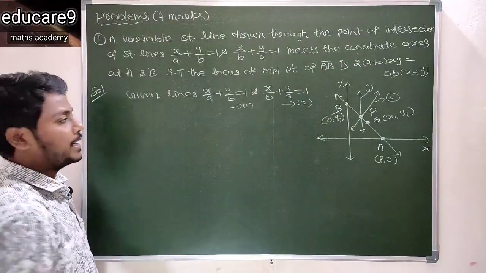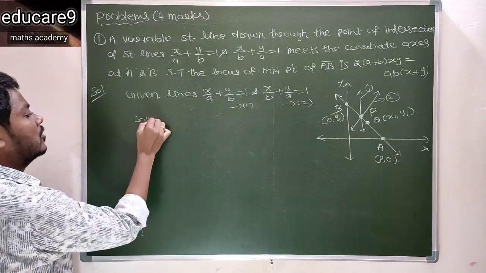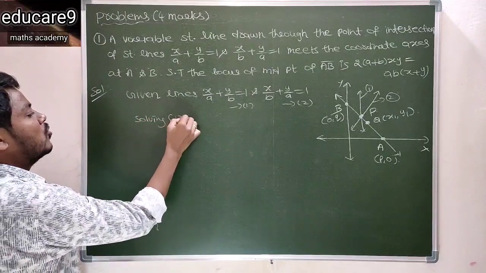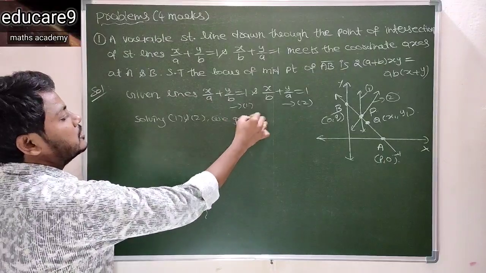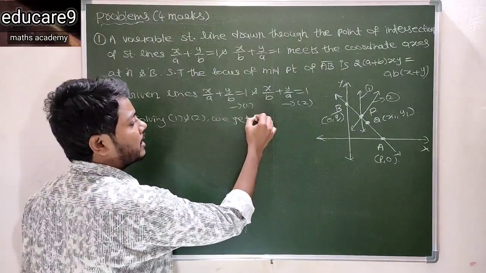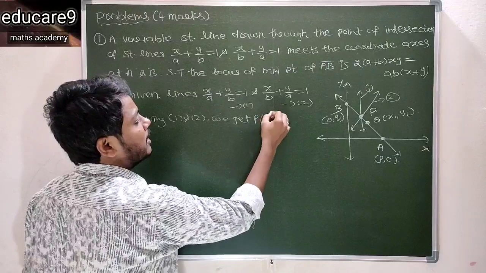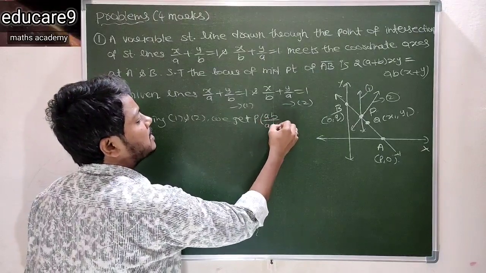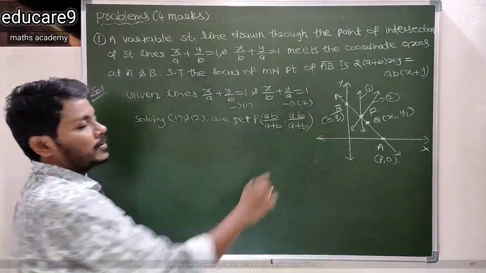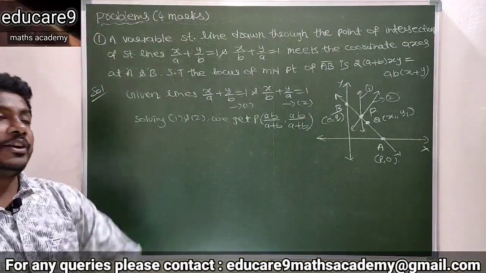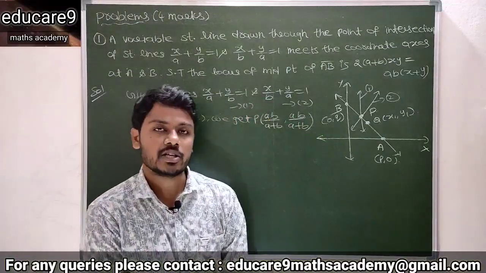Solving 1 and 2, I am writing directly. You get the point P (ab/(a+b), ab/(a+b)). So this is the point of intersection of equation 1 and equation 2.